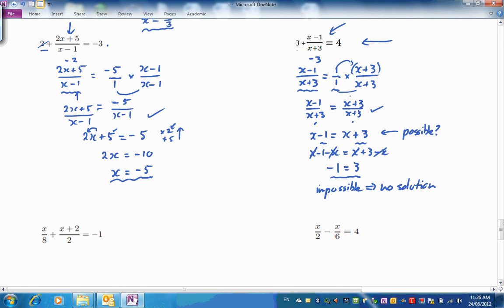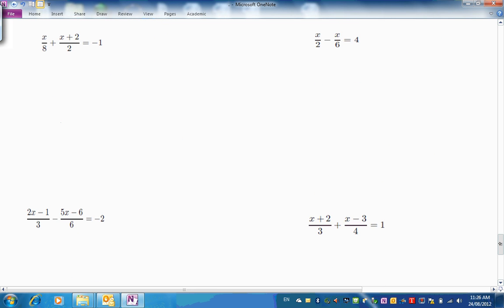So let's go down now and have a look down here. We've only got a few more to go. Let's have a look at this one here now. And my next one, remember you can pause me. Anyway, moving on now, look at the denominators. I think what we will do is we'll leave this one alone and multiply top and bottom of this one by 4.